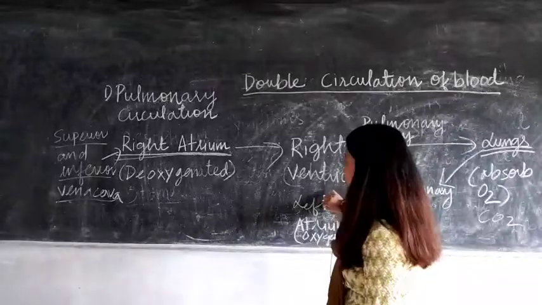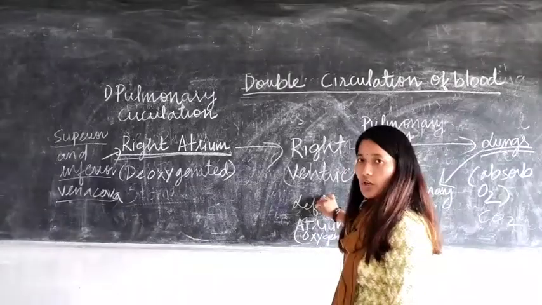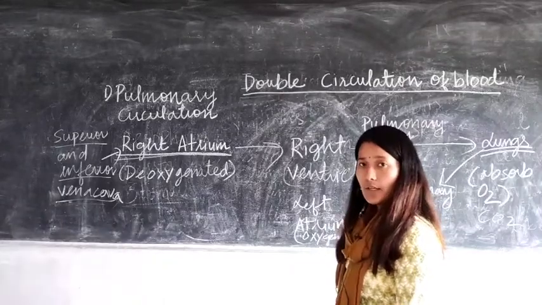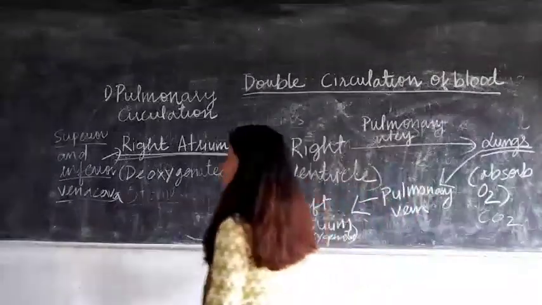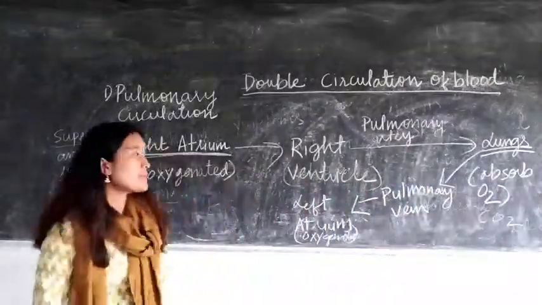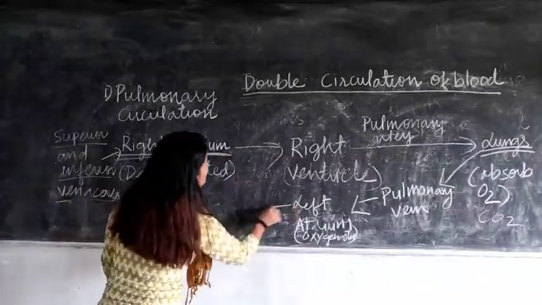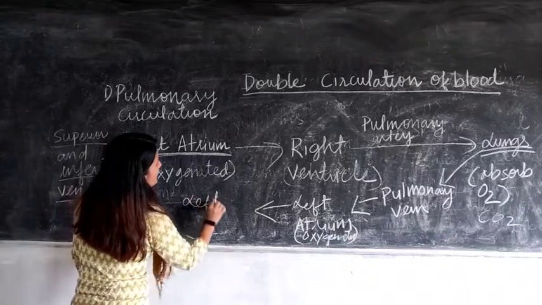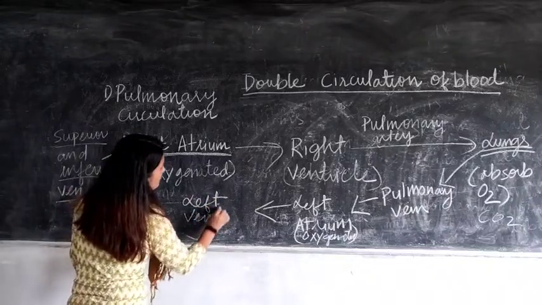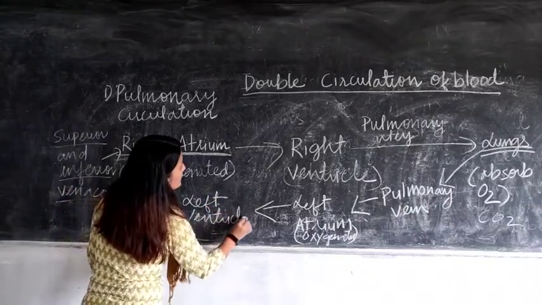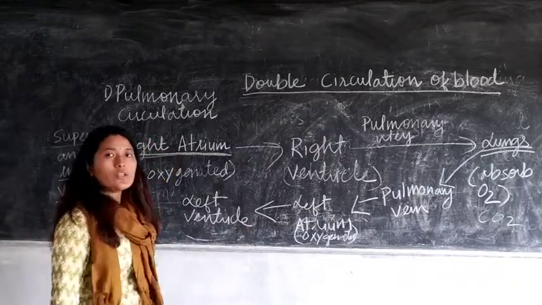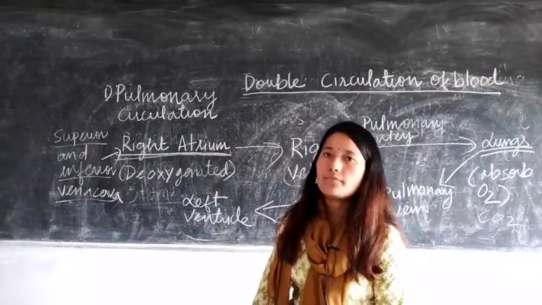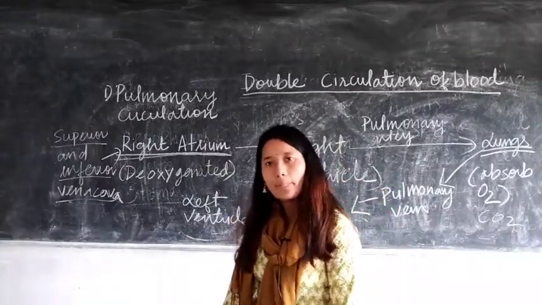Next, from the left atrium, since this blood is rich in oxygen, it is also referred to as oxygenated blood. The blood which was rich in oxygen will be pushed from the left atrium towards the left ventricle, and once it enters the left ventricle, your bicuspid valve will close to make sure that the blood does not flow back.